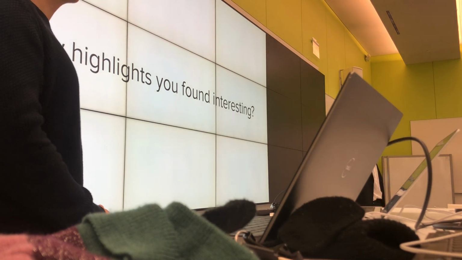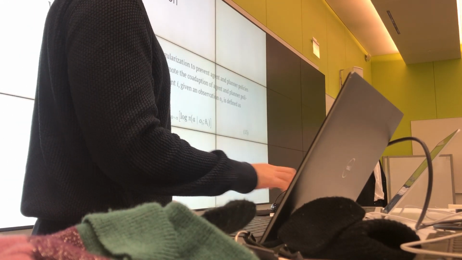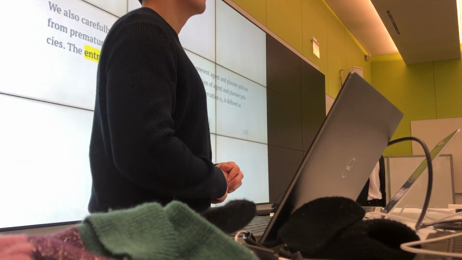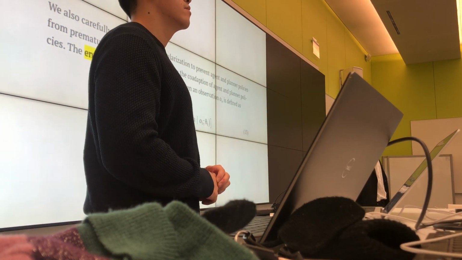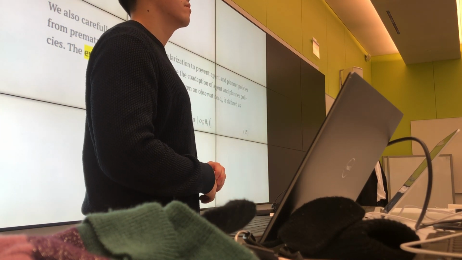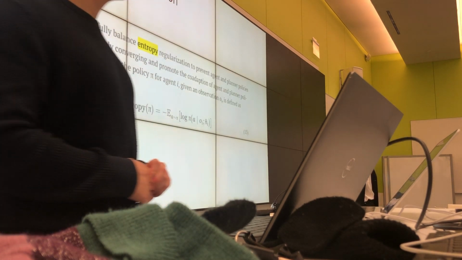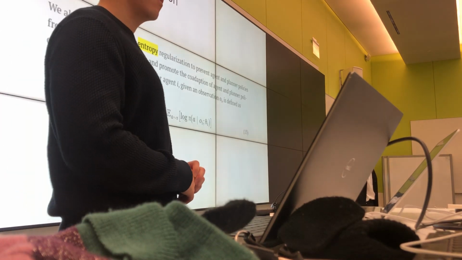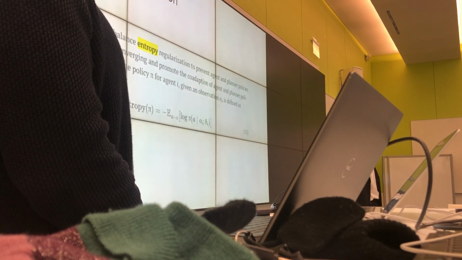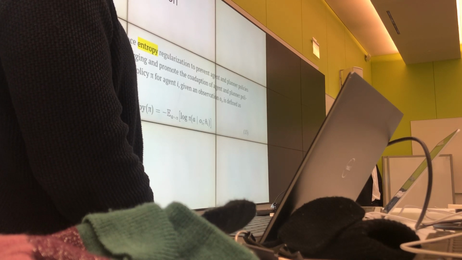Quick question, on your earlier slide about entropy. Couldn't they also control this via PPO, like essentially linearize deviations from earlier strategies better? Can you say that again? The stuff that you're doing here about entropy, couldn't they also control this kind of problem using PPO, by tuning some of those hyperparameters?